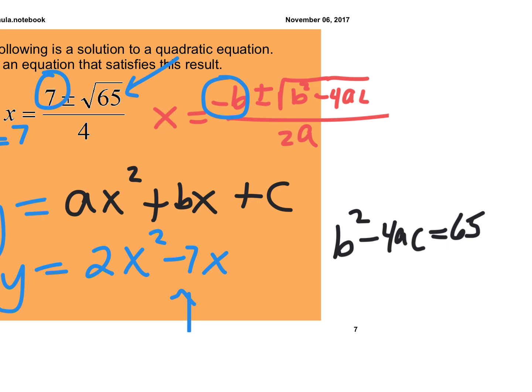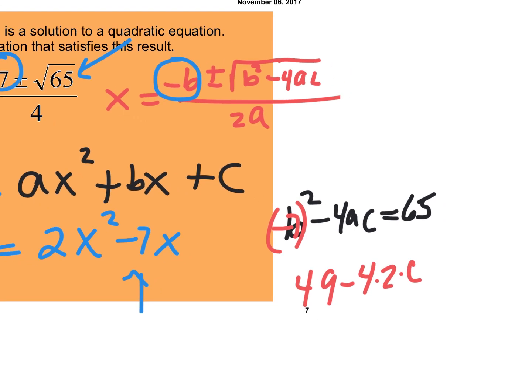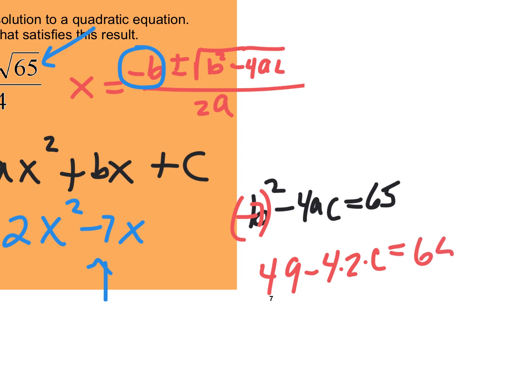And I agree that b is -7, so it goes there. So then that's 49 minus what? So a equals 2, so it'd be 4 times 2, which is 8, and that would mean c has to equal -2. All right. 49 minus 8c equals 65.